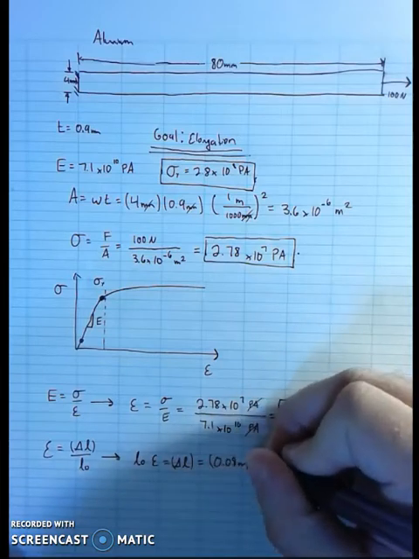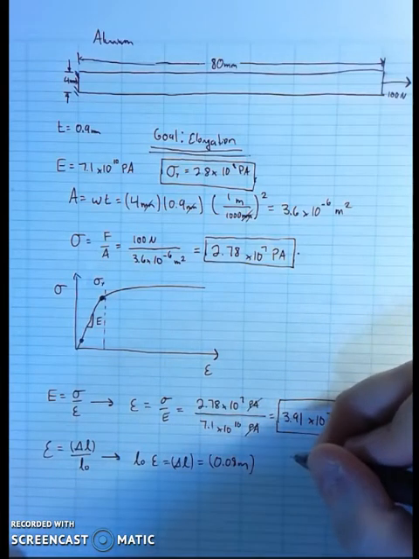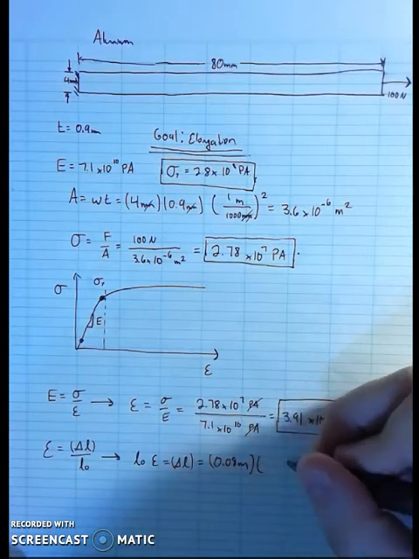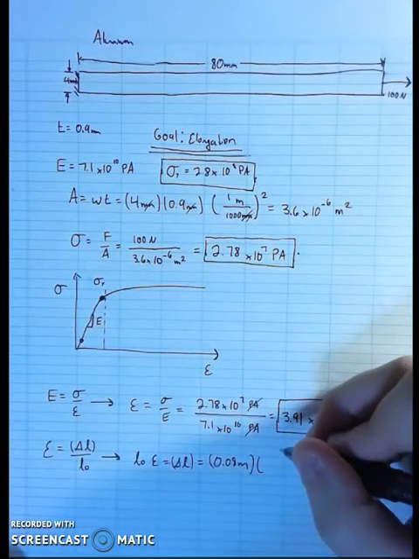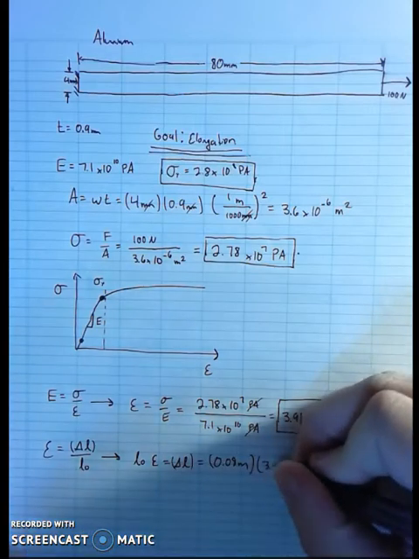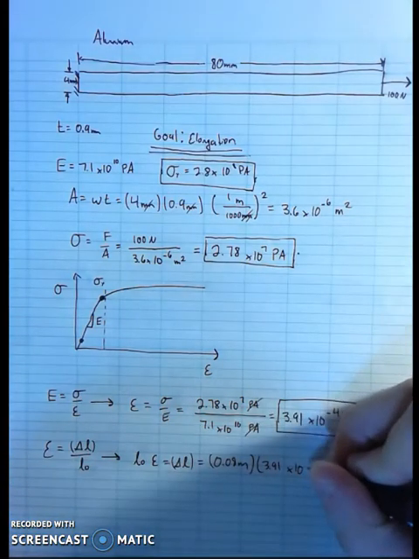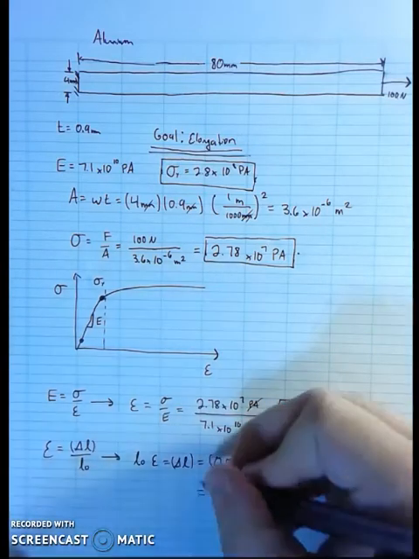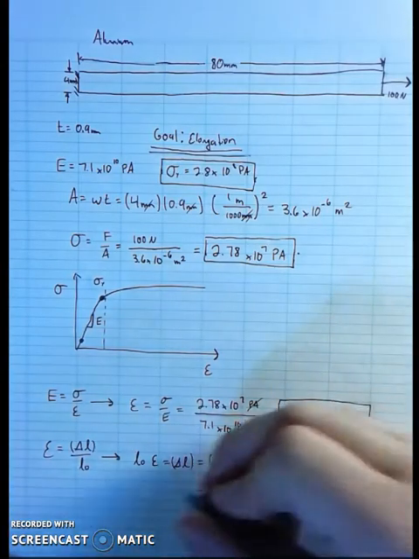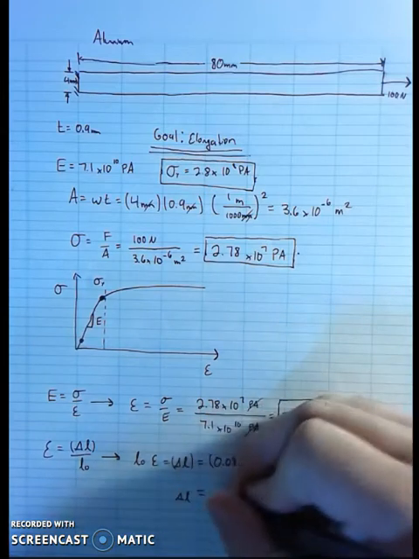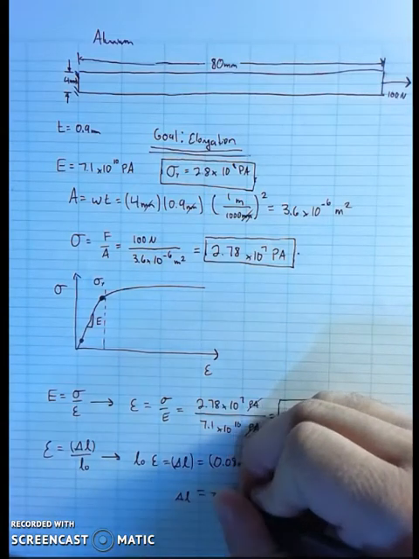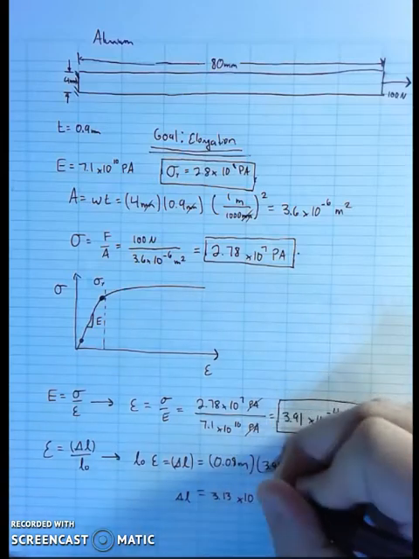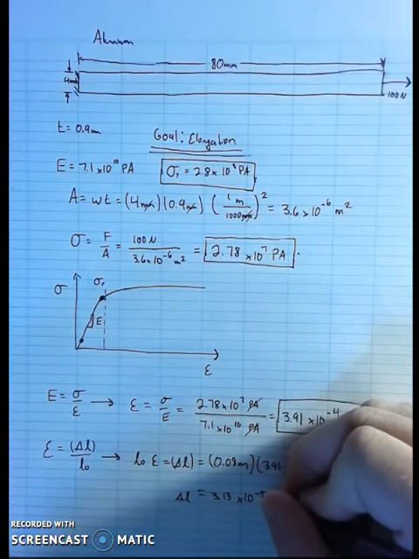Again, just doing the conversion, keeping everything in meters so that it's consistent. And the strain, which I just calculated, is 3.91 times 10 to the minus 4, again, unitless. And if I carry out that math, what I end up with is that my elongation is 3.13 times 10 to the minus 5th meters.